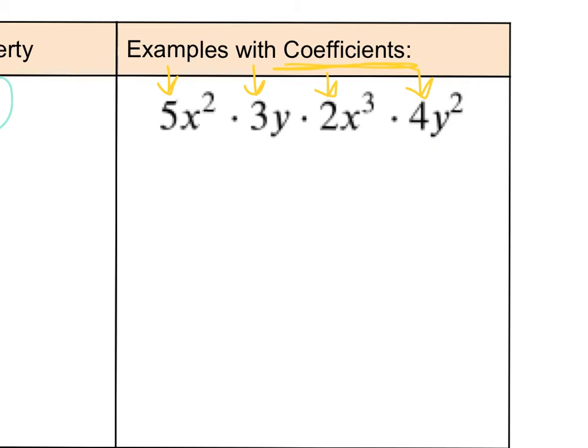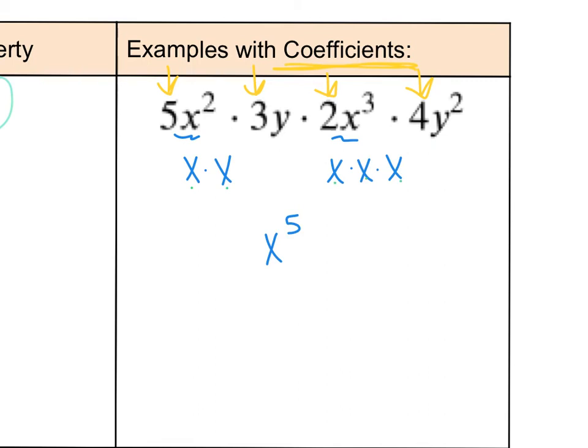So the x's, I can see x's on both sides here. So if we expanded that, that would be x to the second, and this would be x to the third. Or I could use the property which says keep the base, add the exponents. So for my x's, we get x to the fifth, because there's 1, 2, 3, 4, 5 of those.